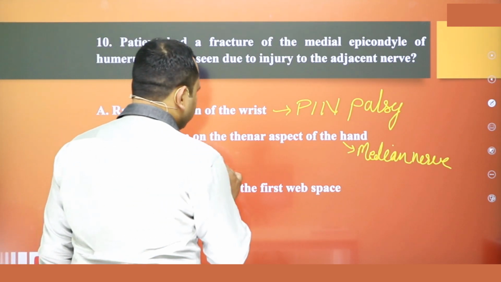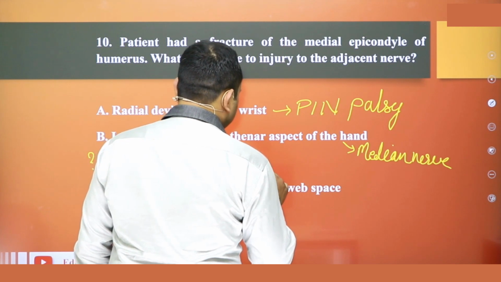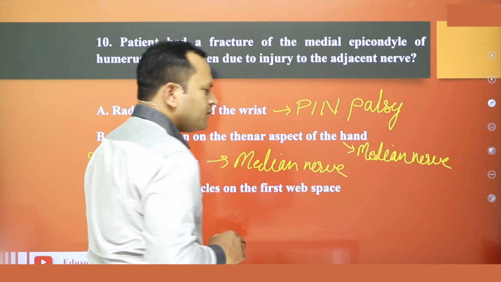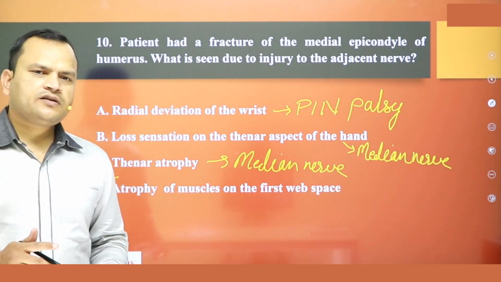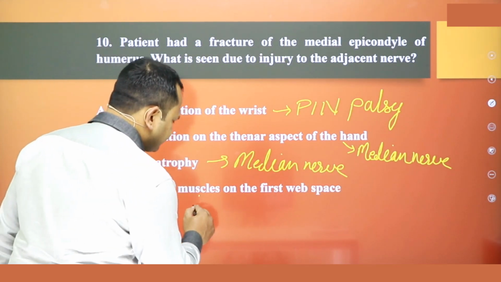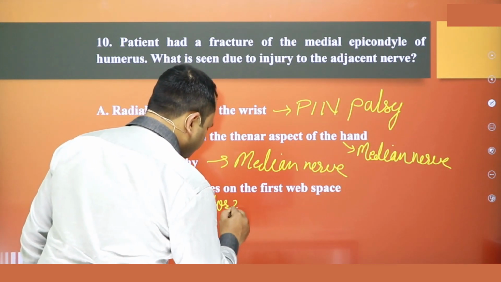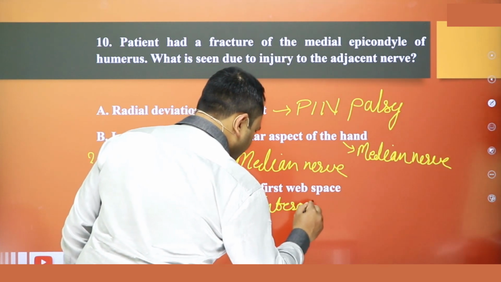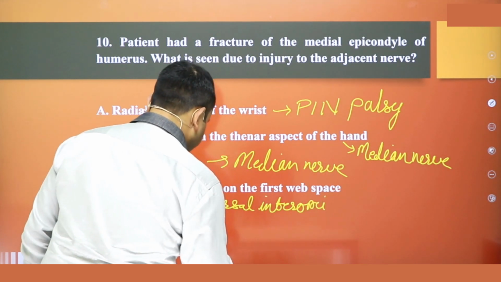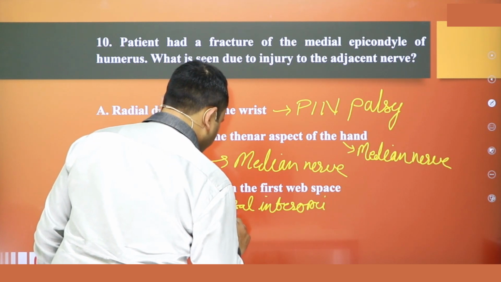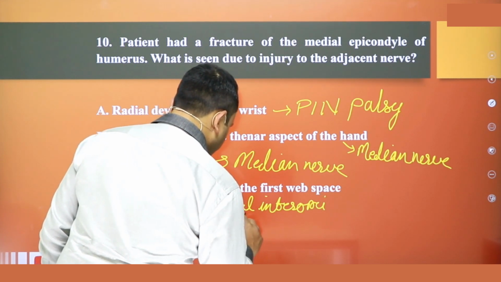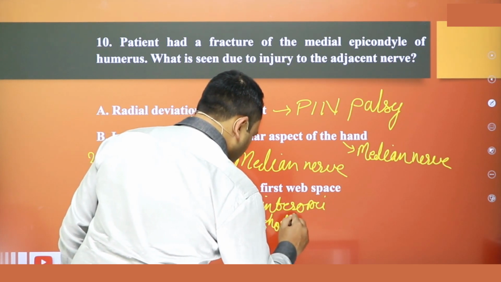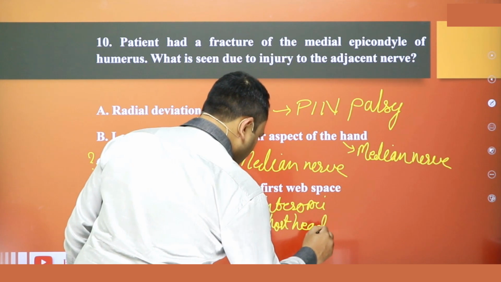Thenar atrophy is much more marked in case of median nerve injury.